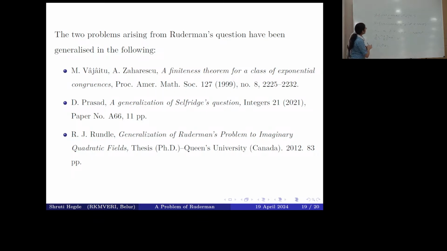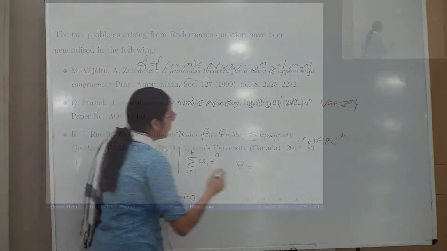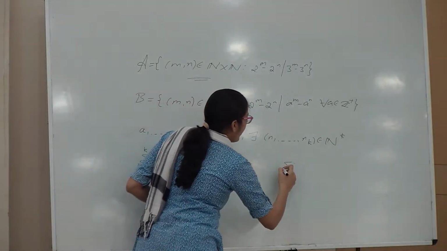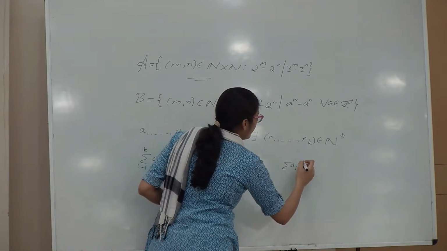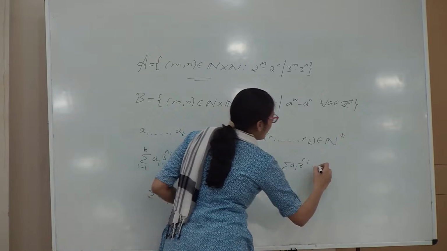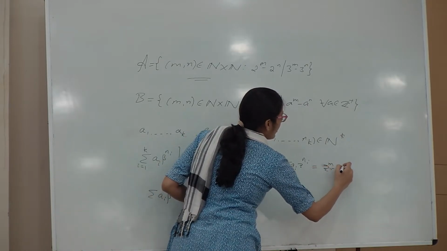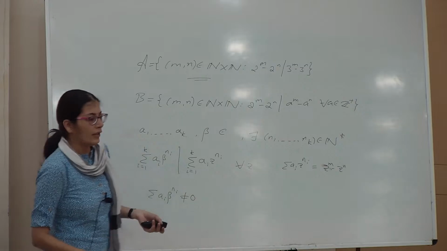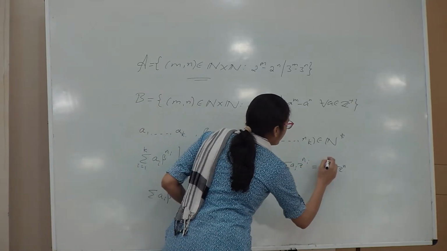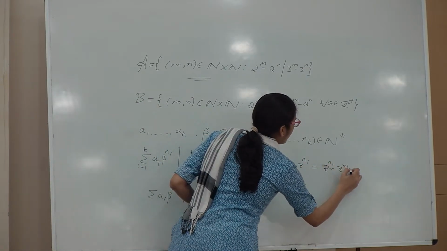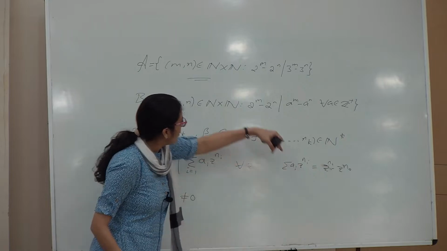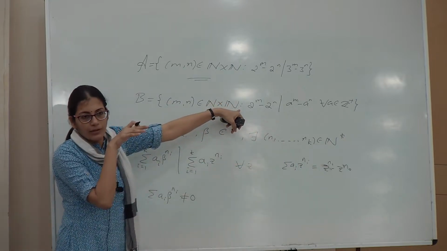In particular, when this polynomial is a_i z^(n_i), this is nothing but our a^m, z^n, or we can say n1, n2. This is nothing but Ruderman's second part.